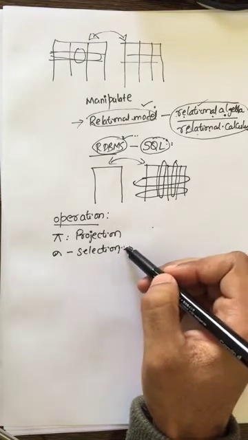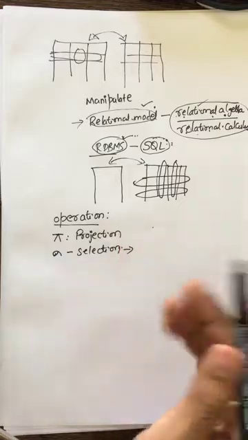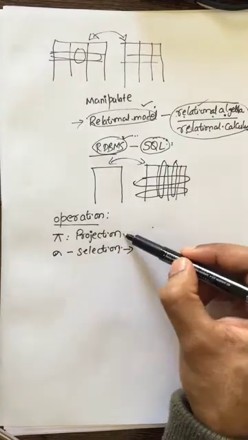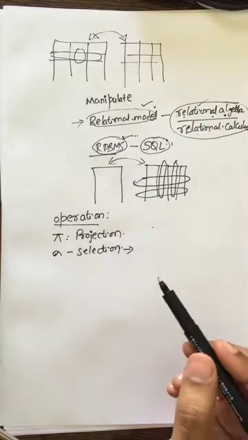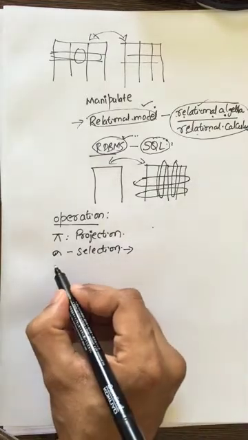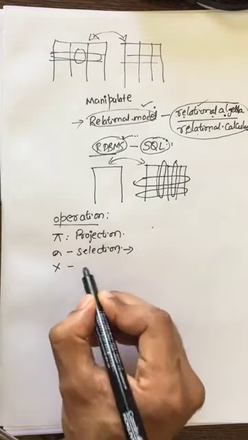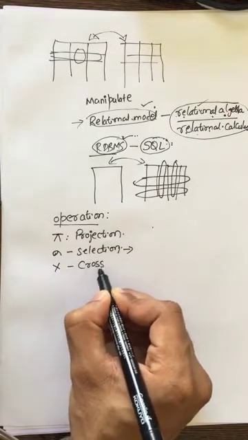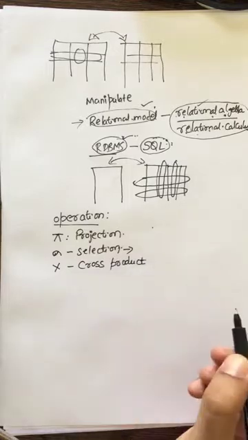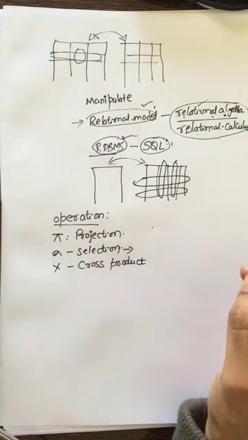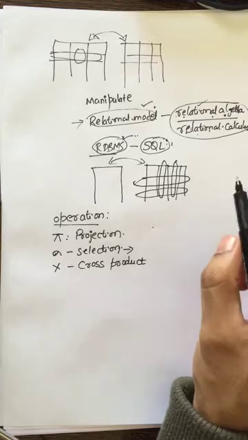Don't get confused. When we go there, it will be clear. For now, think that projection means we work with columns, selection means we work with rows. And then we have cross product. I'll explain all these operations again. Anyway, this is only an introduction. If you don't understand here, just leave it for now.